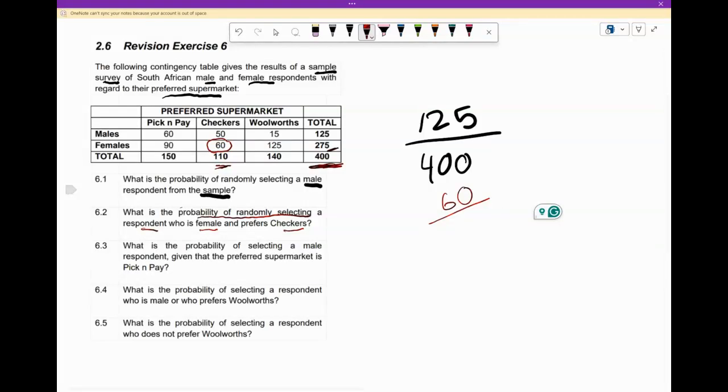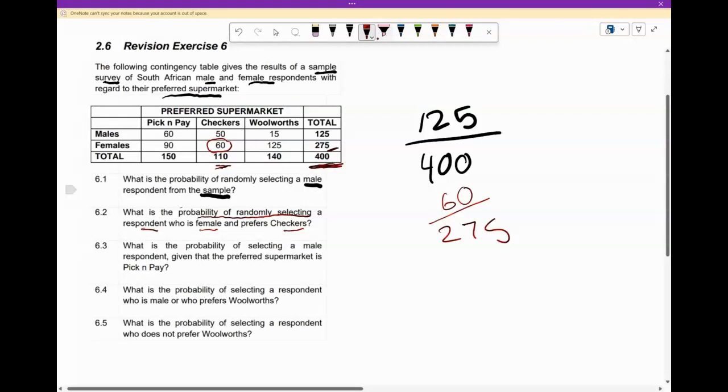So 400, sir. Yeah, 400. Oh, yeah, sir, I get it now. It's a random selection. We didn't say we are only selecting females. If we said we are only selecting amongst female respondents, then it would be the 275.